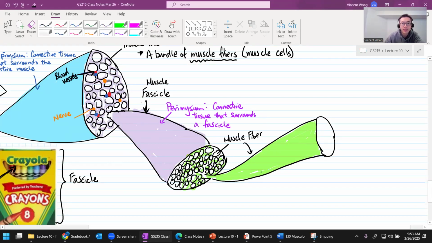And the name of it is endomysium. Okay, so epimysium, perimysium, and endomysium. This is connective tissue that surrounds a muscle fiber.